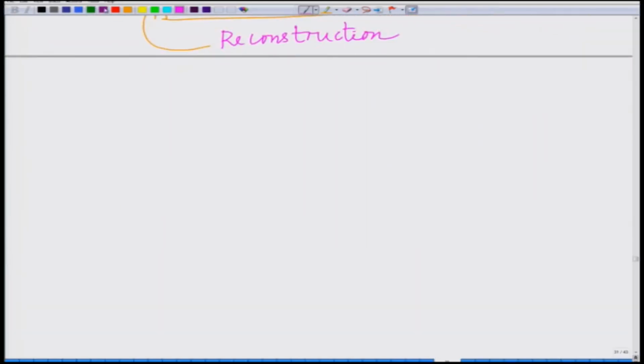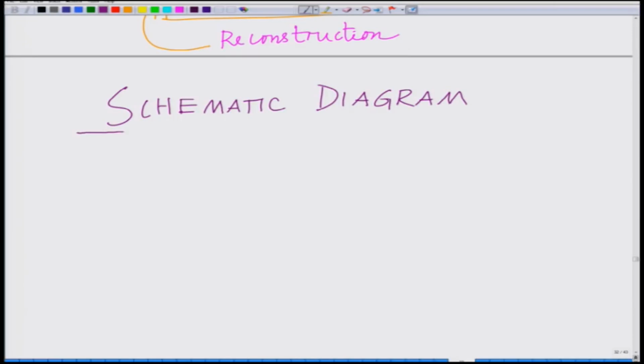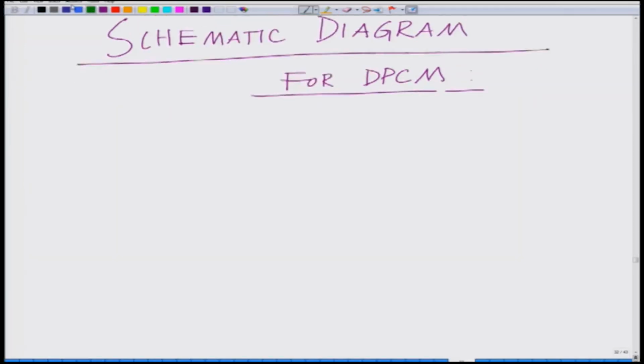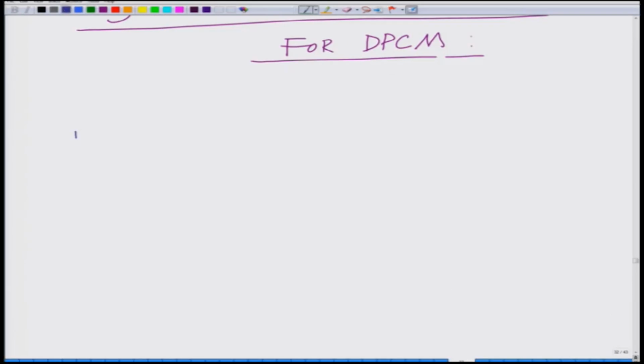Now, we can draw a schematic diagram for this. For DPCM, this is a schematic diagram for differential pulse coded modulation. Now, we have your signal sample M of n. Similar to delta modulation, we take in the sample at every time instant n.